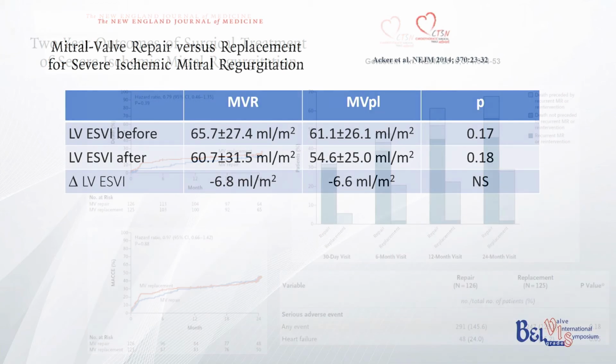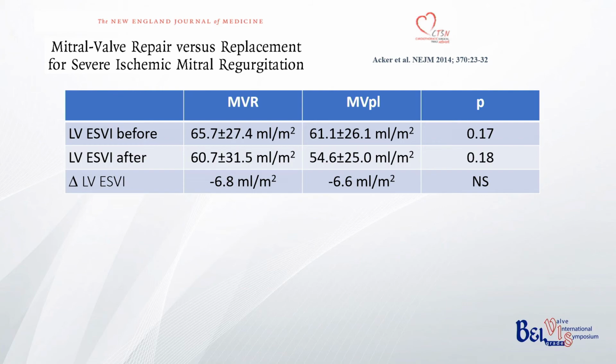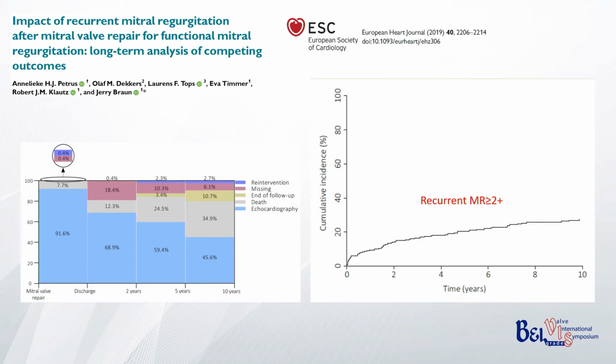And at the same time, there was no difference at all in the reverse remodeling between mitral valve repair and mitral valve replacement patients. However, the numbers here are quite strange.